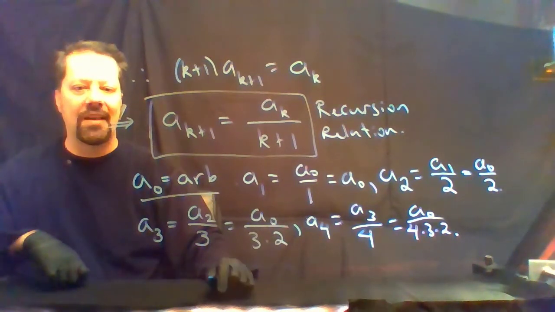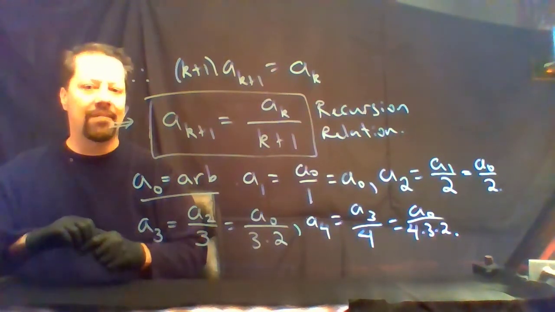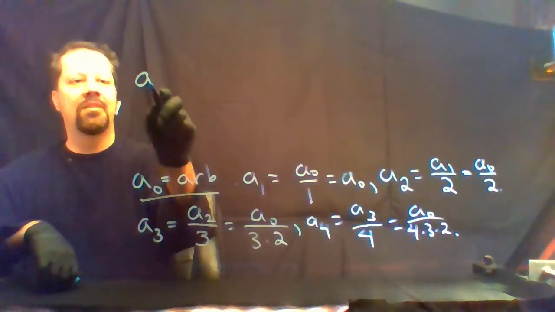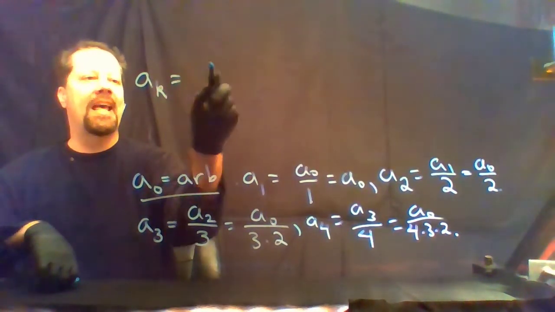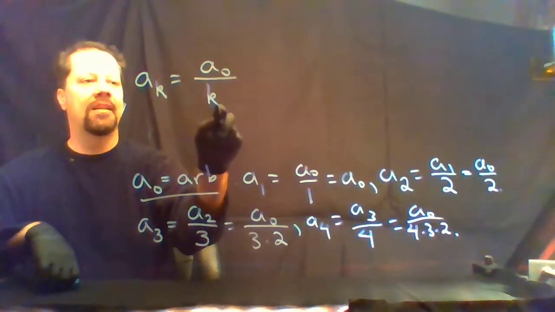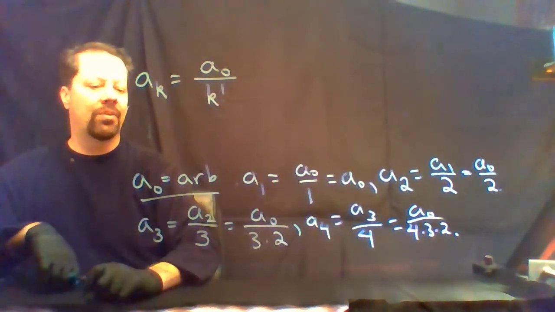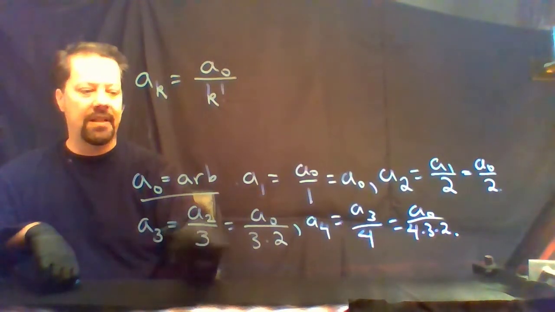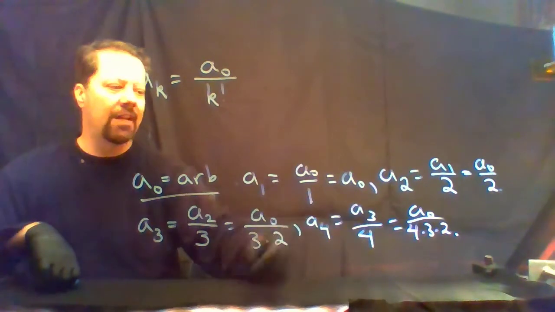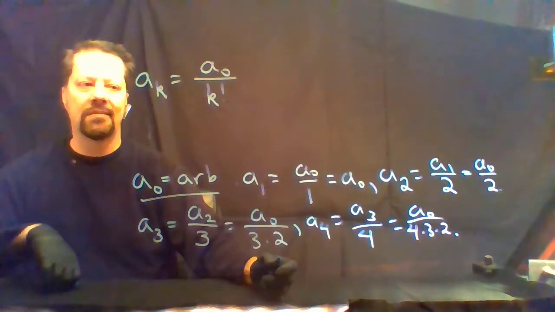We can deduce now the form of the kth term. Instead of a recursion relation, we can now write down a sub k is going to be a0 divided by k factorial. Here we have a3, a0 divided by 3 factorial. a4 is a0 divided by 4 factorial, and so on.